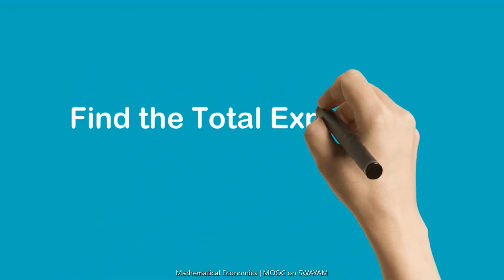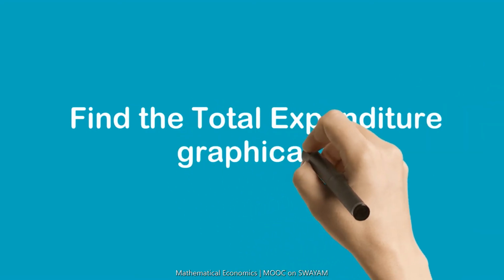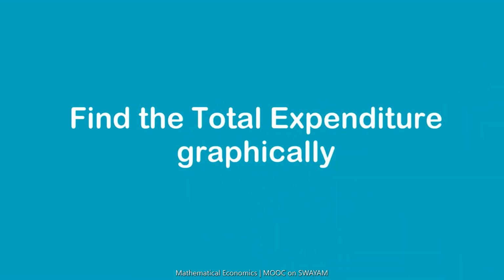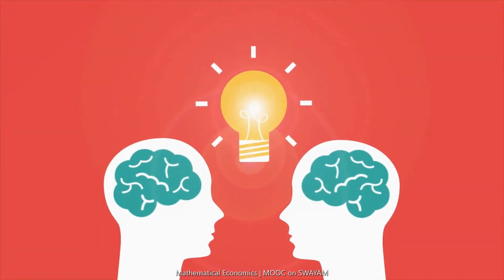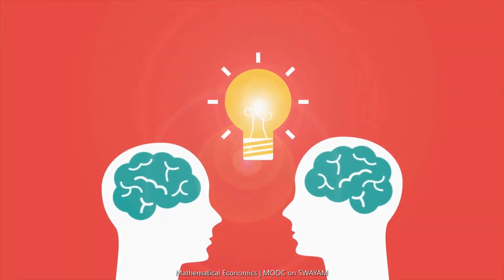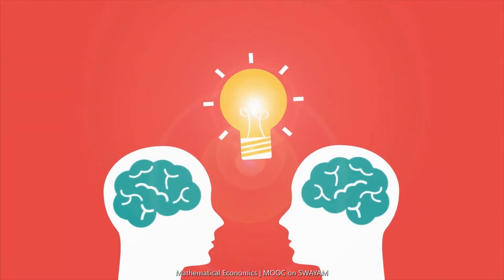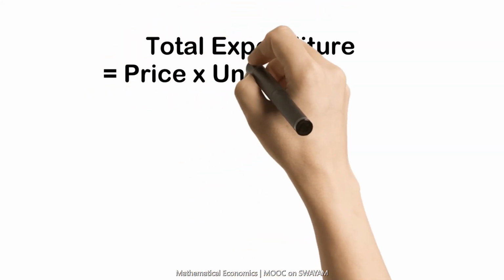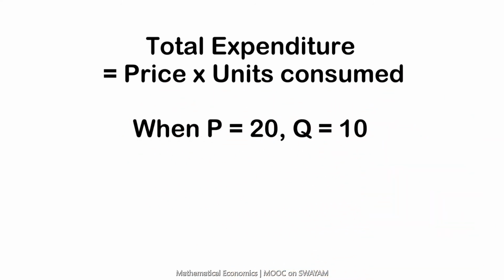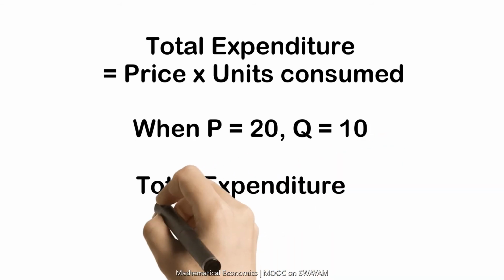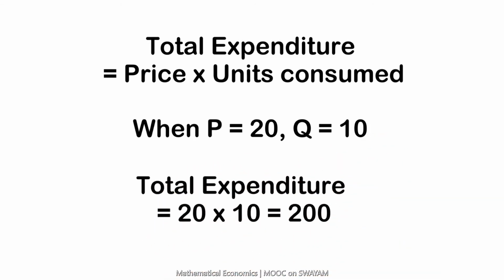Can you measure your total expenditure graphically? Total expenditure is given by the price of a good per unit multiplied by the units demanded. When the market price is rupees 20, quantity demanded is 10.